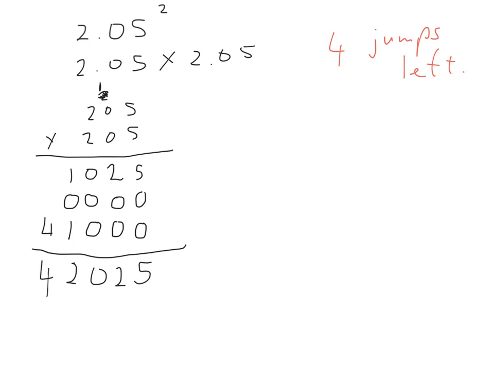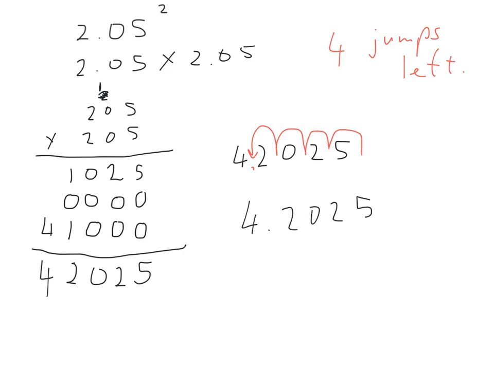Okay, so now we can write this number over here. And we remember our jumps. So we start from the right and we jump left. So we've got 4 jumps to make. So we've got 1, 2, 3, 4. So we stop on the last jump, and that's where we put the decimal. So we can rewrite this question as 4.2025.